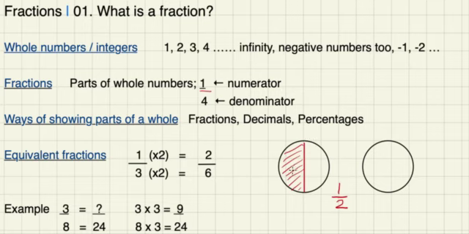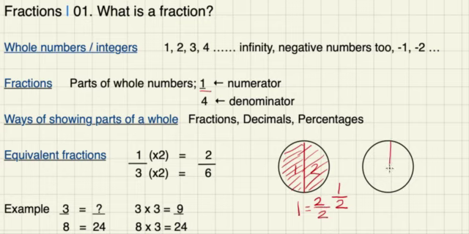So the number of slices, slice number 1, slice number 2, goes at the bottom, and the slice that we're considering goes at the top. Now, if we're considering both, then this would be 2 over 2. And 2 over 2 is the same as 1, as 2 goes into 2 once.